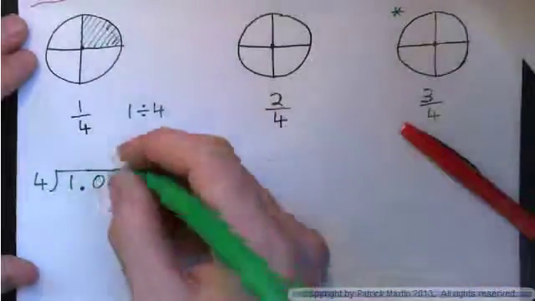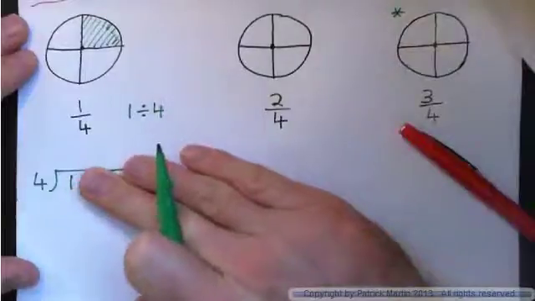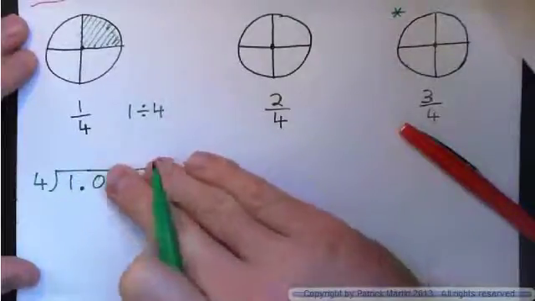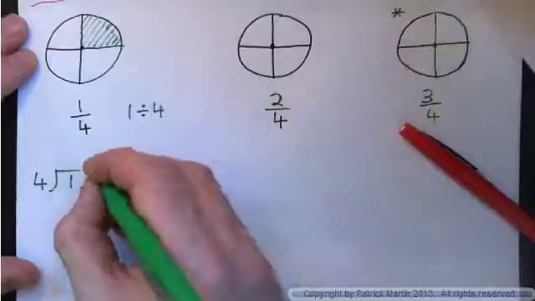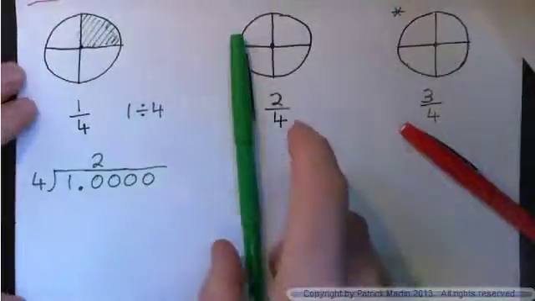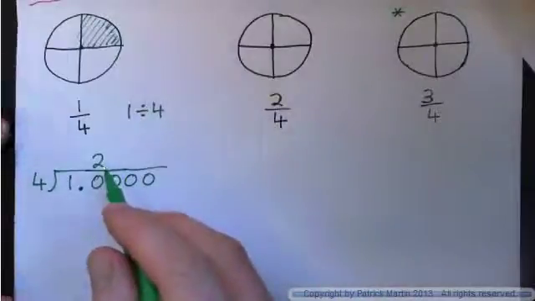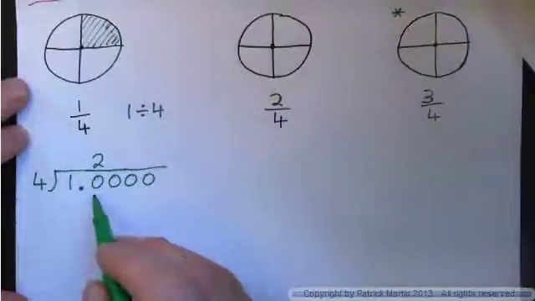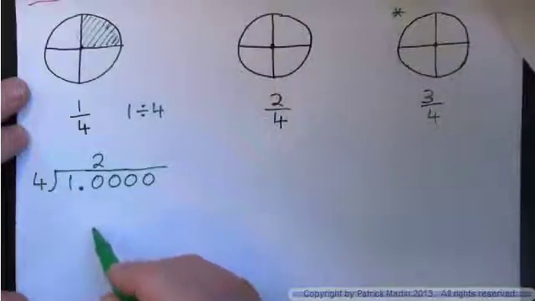And we can start with 4 goes into, well, we can't do 4 into 1, but 4 into 10 goes how many times? Well, it's twice, isn't it? Okay, and then, I don't know how you like to do it, but 2 times 4 is 8, subtract, and we get a remainder. 10 minus 8 is going to be 2.